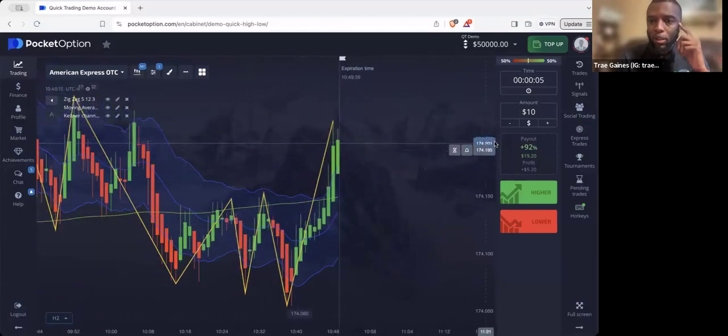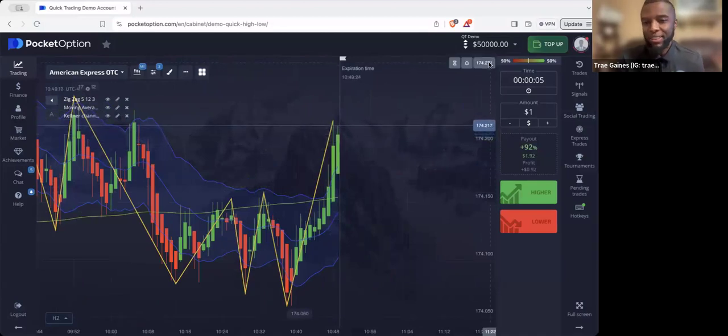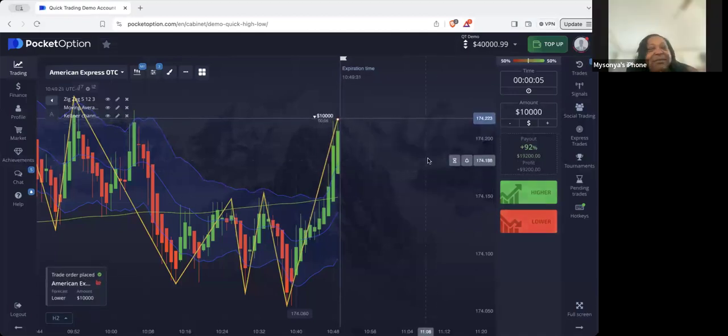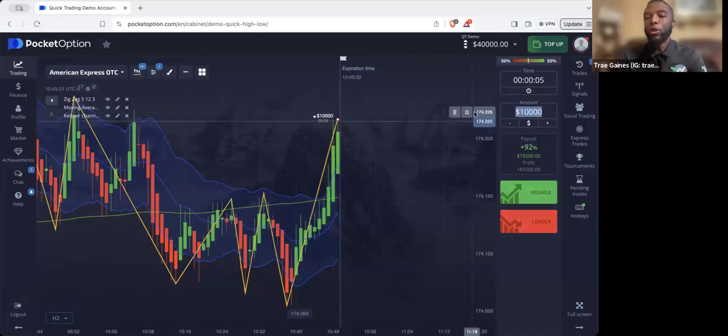Changing the settings and stuff. But I tell people, I know you got 50,000 and you want to try a $10,000 trade. Go ahead, try it, but try to do what you would do in your account.